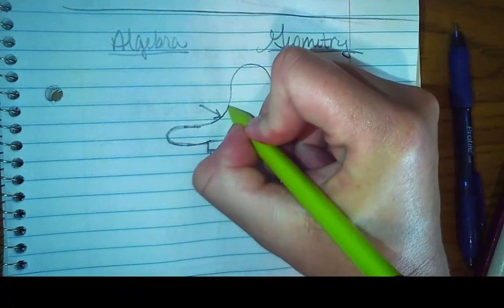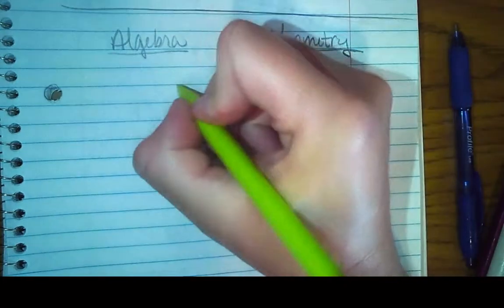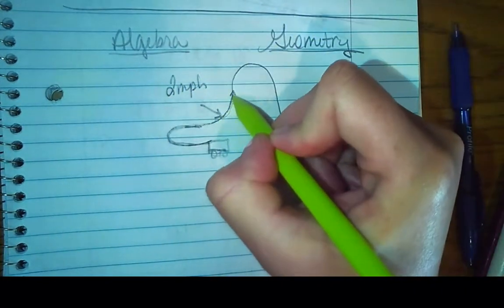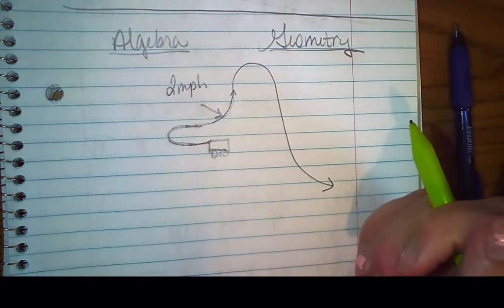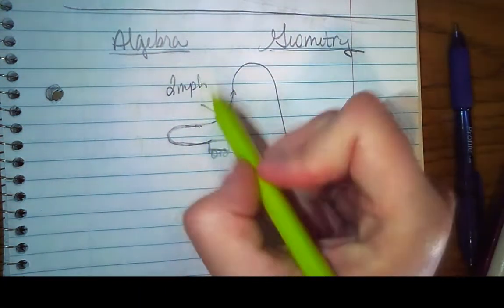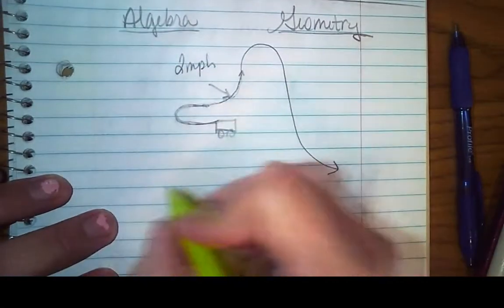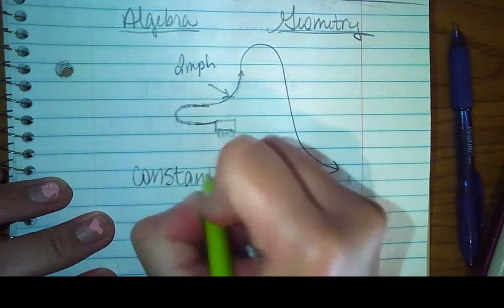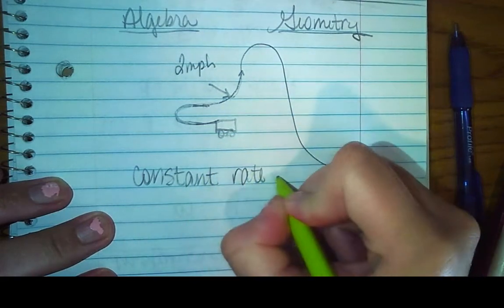So basically you are going up, and let's just say, I don't even know, I'm making this up. Let's just say you're going up this hill at 2 miles an hour, okay? So that's what the chain does. So a couple of words to recognize is constant, rate of change, okay?